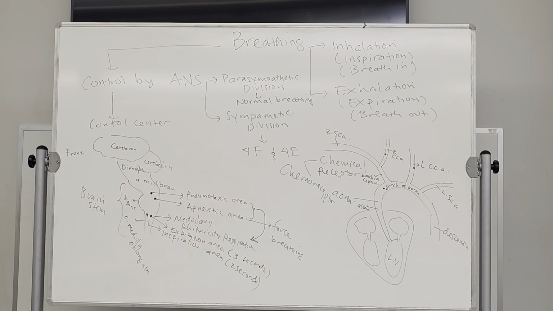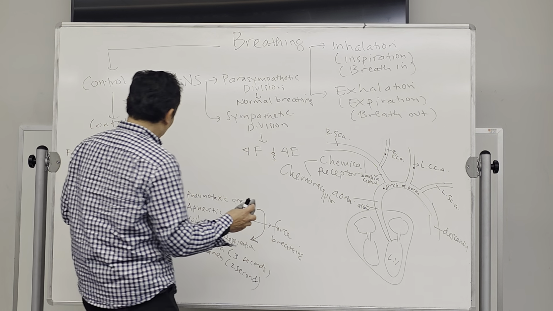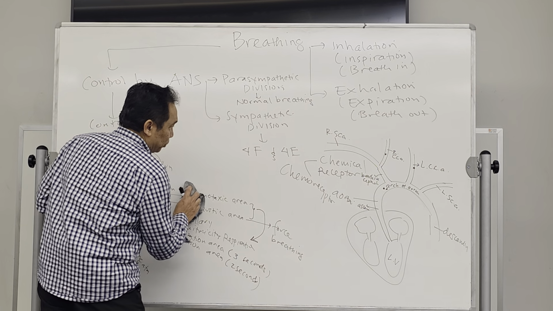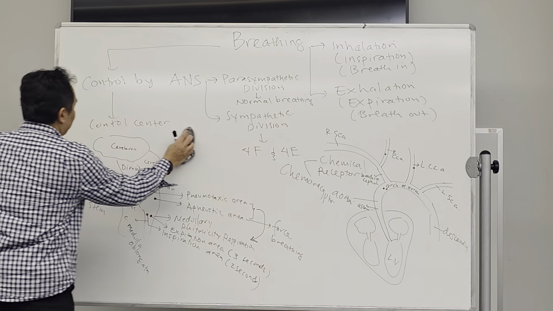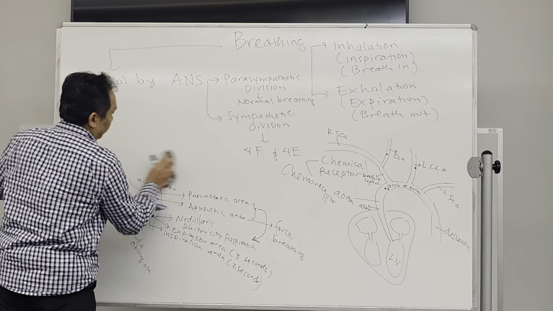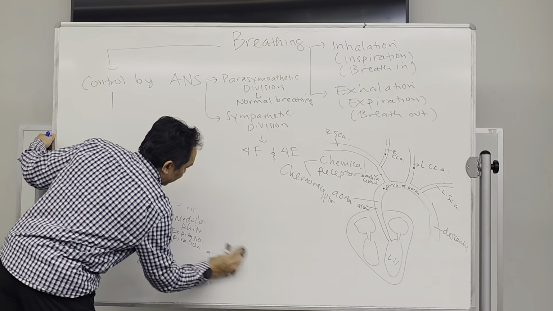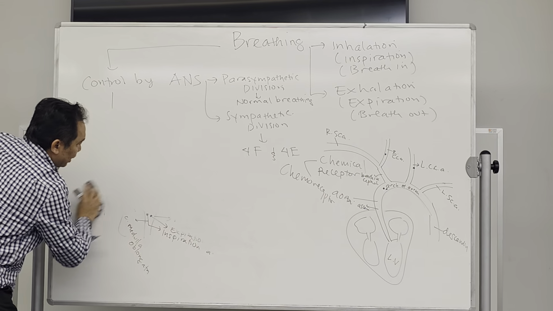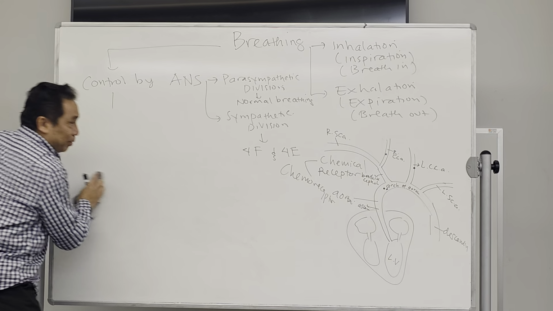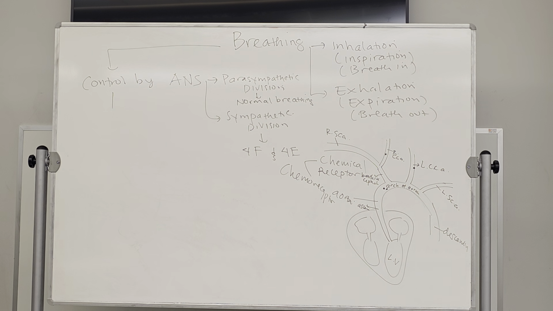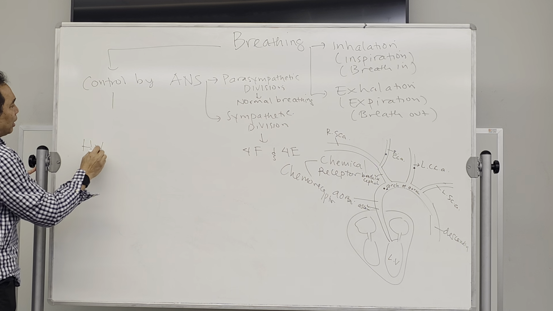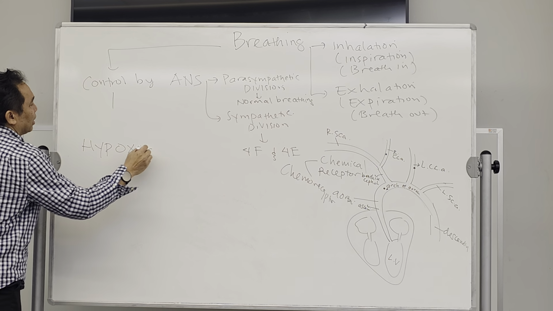Okay, do you have questions so far? Now, what happens if we don't have enough oxygen? What is the condition called? I'm going to erase this part over here. Okay, so the chemoreceptor over there will tell us whether we need oxygen or not. So if we don't have enough oxygen, this condition is called hypoxia.